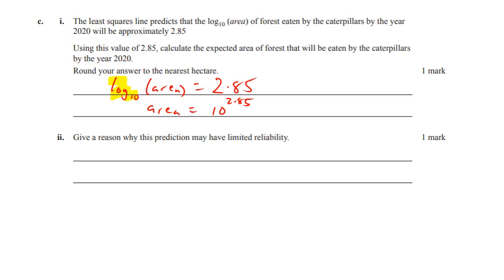Now again, calculator speak. If you just press on your code 10 hat 2.85, you get a number that is 707.9457844, and you've lost your mark because it says round your answer to the nearest hectare.